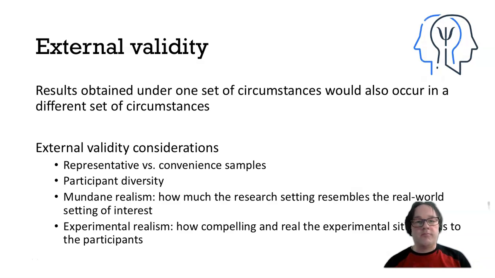The same goes with LGBT participants, gay, lesbian, bisexual participants. Generally speaking, there tends to be more bisexual people than there are gay or lesbian people. They make up a significant but small, again, percentage of the population.